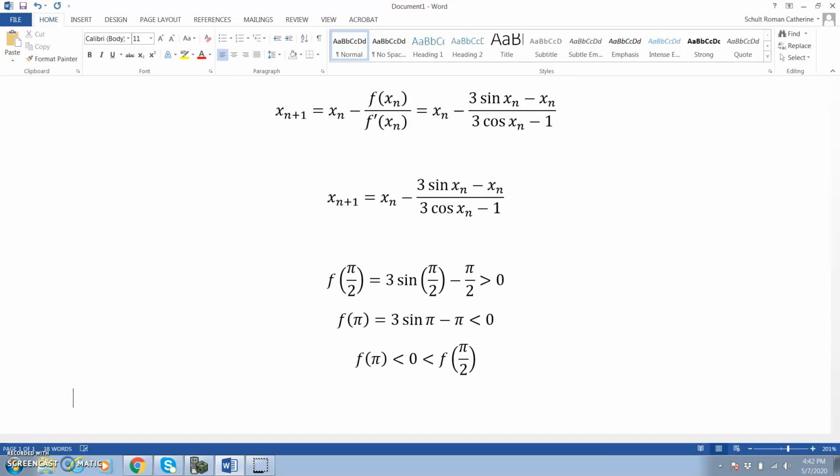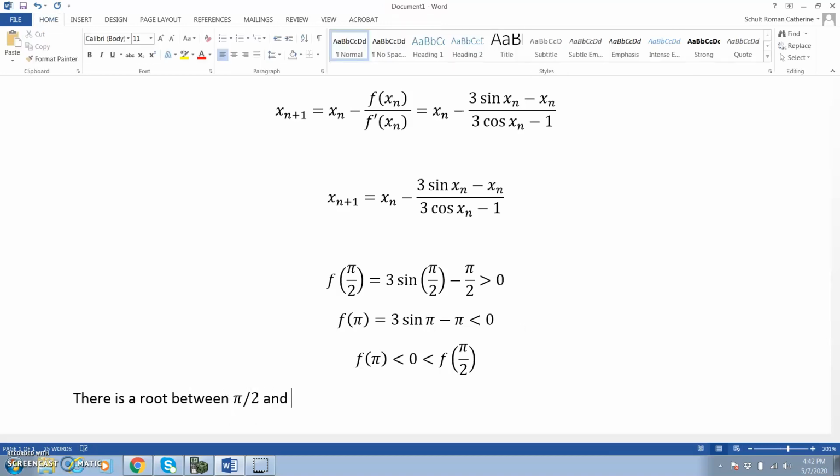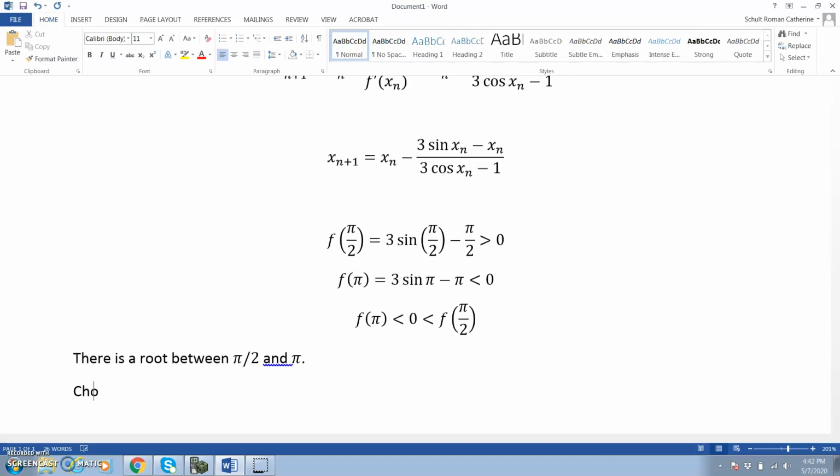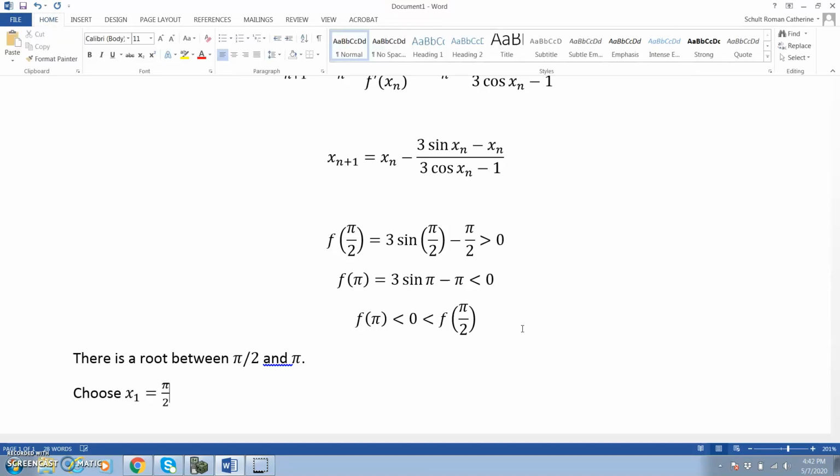Okay, so that means there is a root between pi over 2 and pi. All right. So we're doing that to find an x1. Let's choose x sub 1 to be pi over 2.